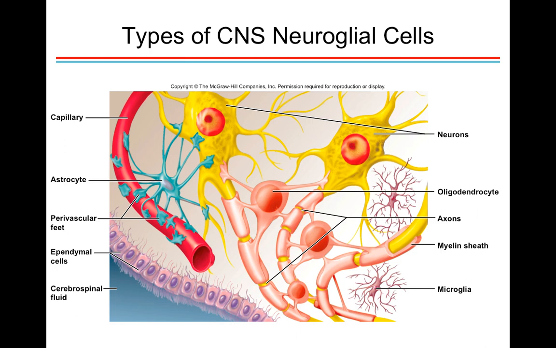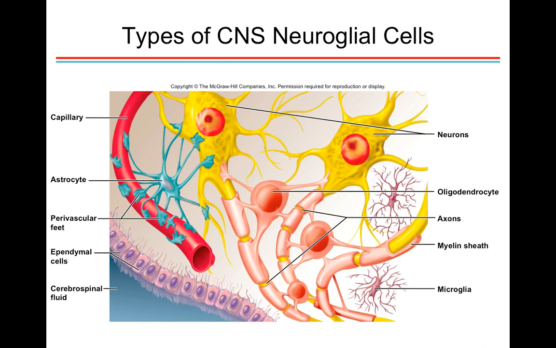So astrocytes are really important because they're absolutely critical for the formation of synapses in the central nervous system. They regulate the processes of neurogenesis, which is nerve growth and nerve proliferation in developing humans and animals. They also help to regulate the blood-brain barrier, which we'll talk about in a few minutes.